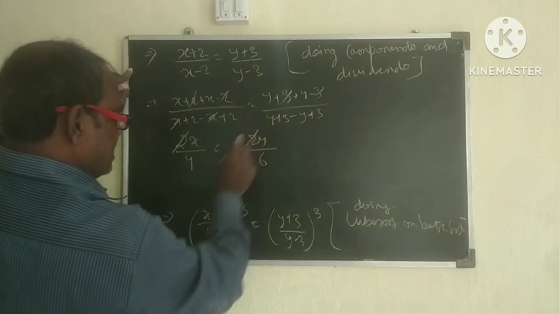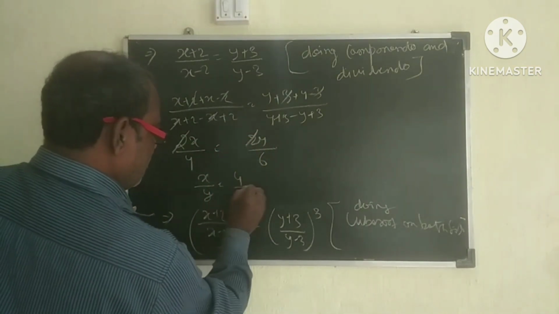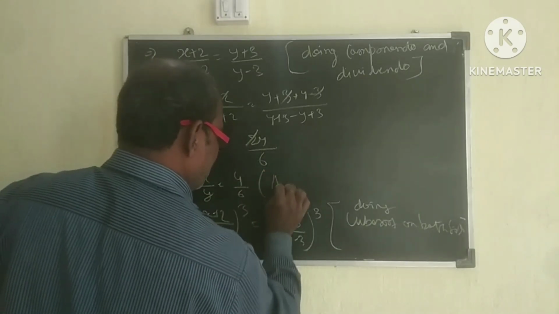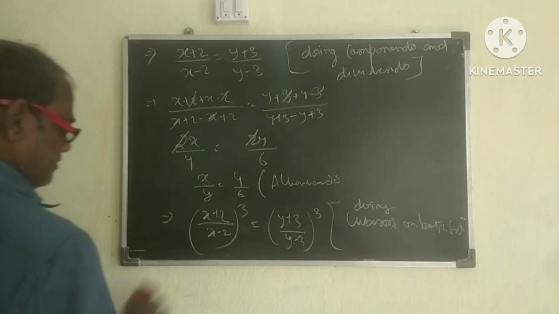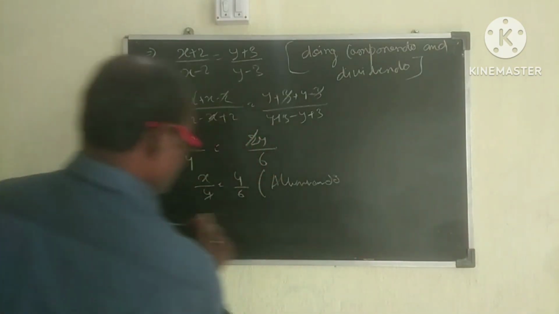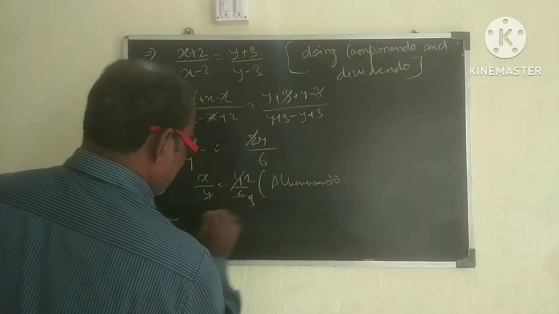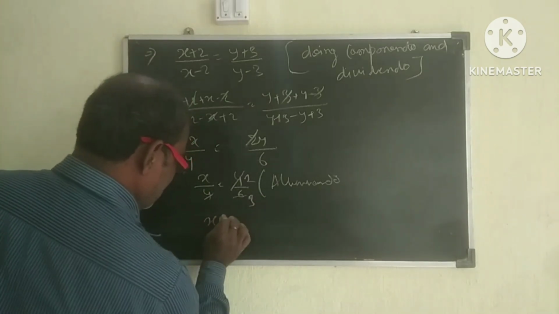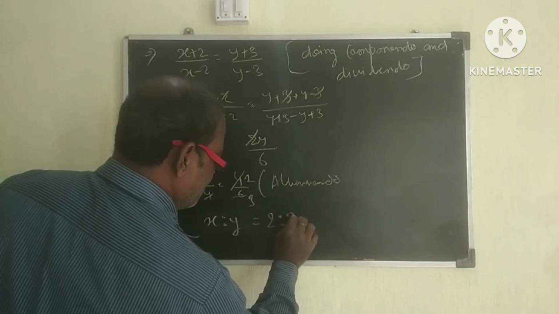This 2 gets cancelled off. So x by y is equal to 4 by 6, using alternendo. Then in simplification we get x is to y equals 2 is to 3.